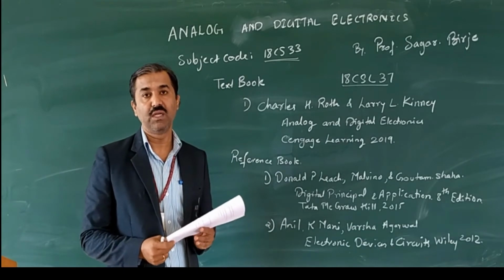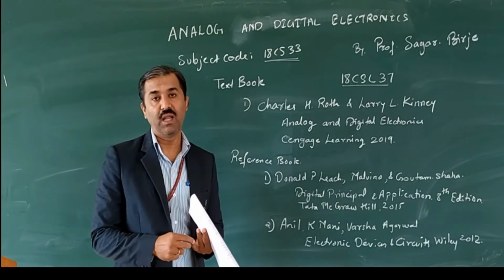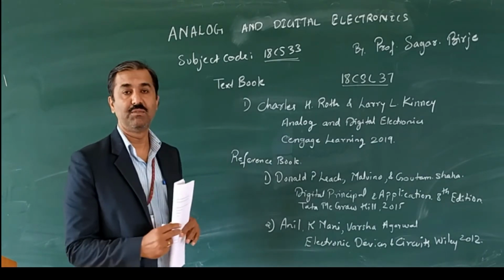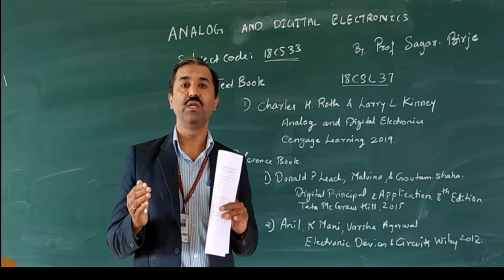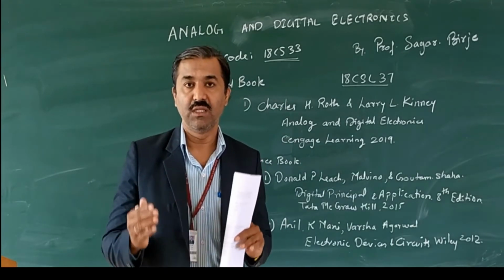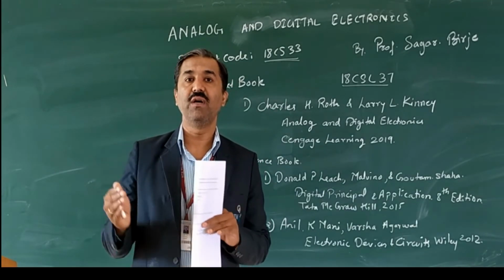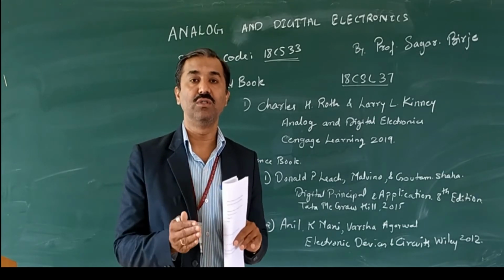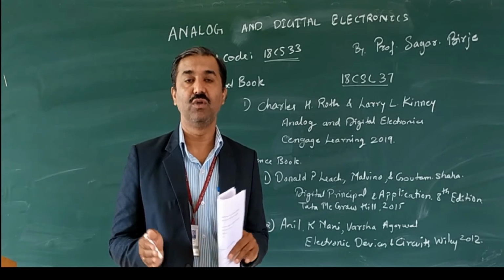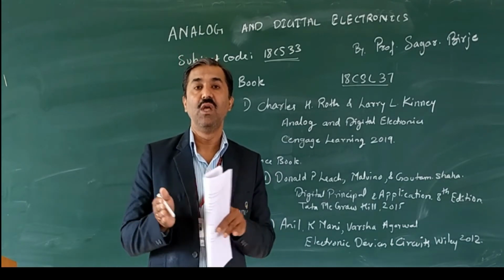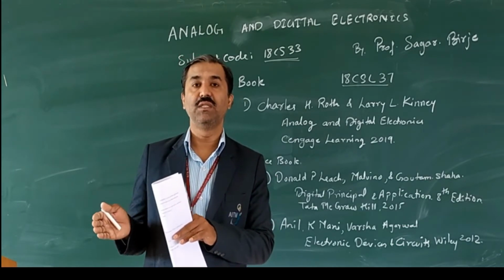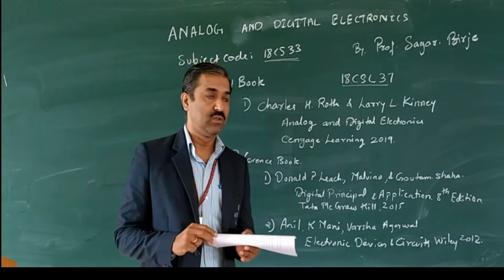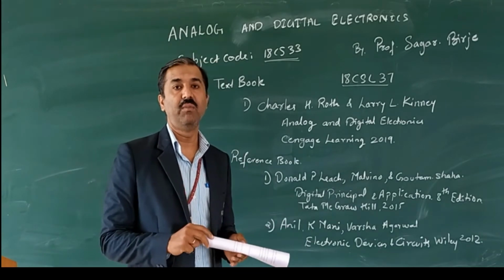The Analog and Digital Electronics Laboratory is going to be a part of this subject. Whatever concepts you study in this subject, you also have practical hands-on training on those concepts. So you can relate the theoretical concepts along with the practical aspects that you will be doing in the laboratory. Regarding the laboratory part, I will be dealing with it later.